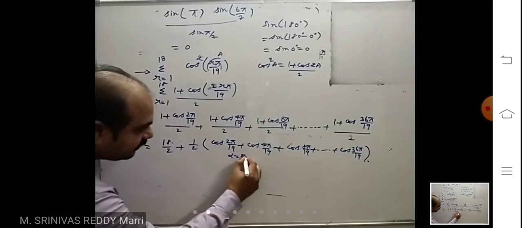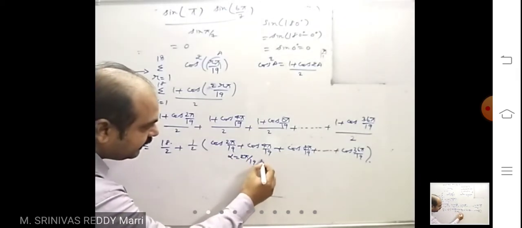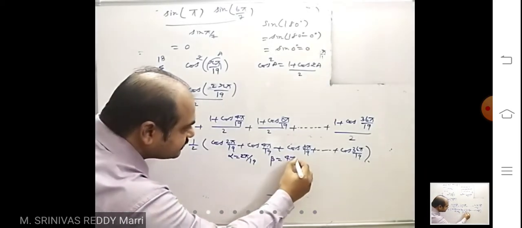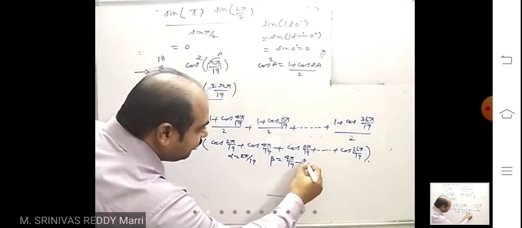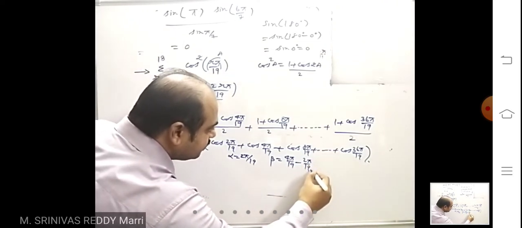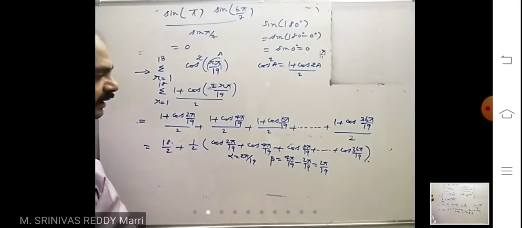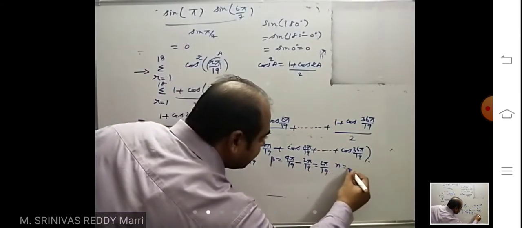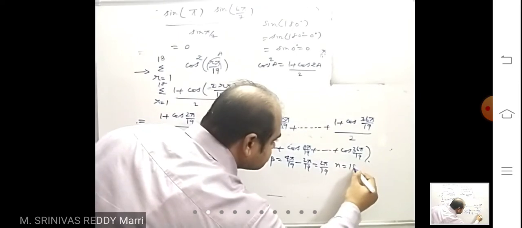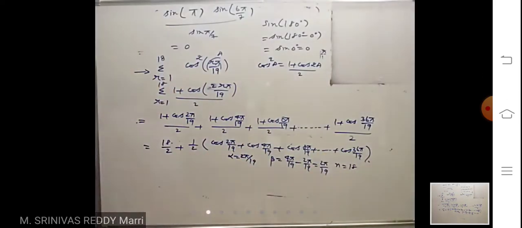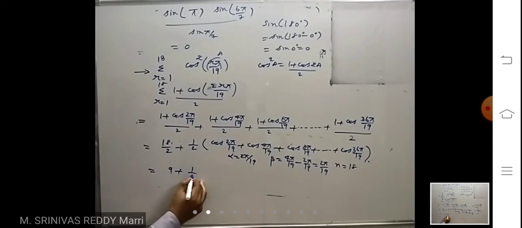Alpha is 2 pi by 19. Beta, the common difference, is 4 pi by 19 minus 2 pi by 19, that means 2 pi by 19. N is how many terms? 18 terms, from 2 pi by 19 to 36 pi by 19. Now for finding that sum, you can use the rule, 9 plus 1 by 2.